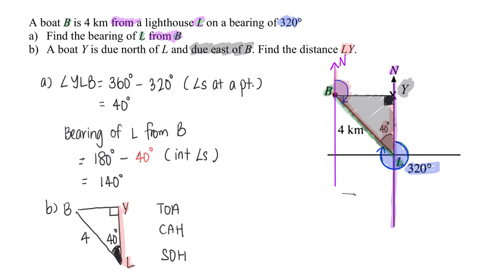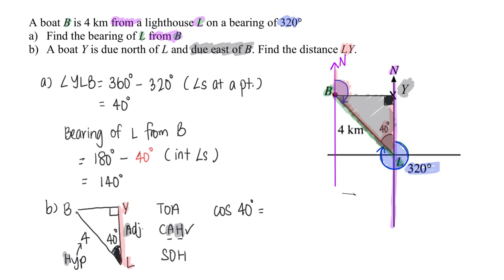With reference to this angle of 40 degrees, YL will be my adjacent side. BL will be my hypotenuse. So with A and H, I will be using my cosine ratio. So cosine 40 degrees is equal to A over H.